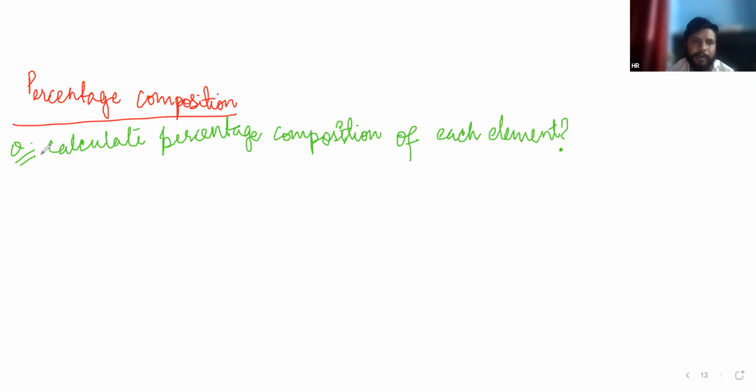What we have to calculate is the percentage composition of each element in Na2SO4. Now we have to calculate percentage composition in Na2SO4 for all the elements.